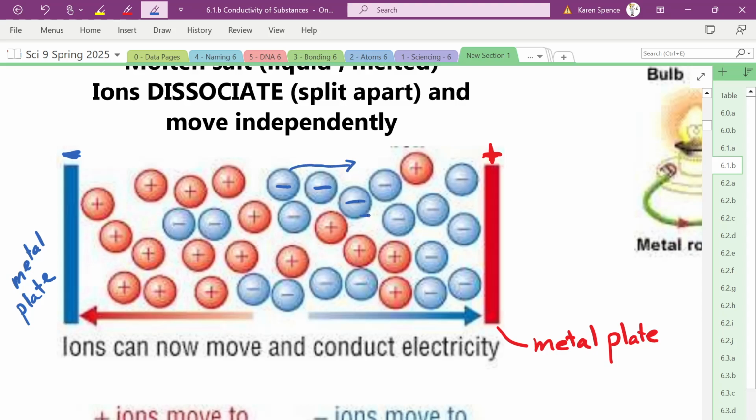So all your negative charges are going to move that way. What about your positive charges? Which direction are they going to move? Positive will move to the left towards the negative and away from the positive. Okay. I might ask you to label a diagram like this with the arrows showing the movement of the ions. Does that sound reasonable? Okay.